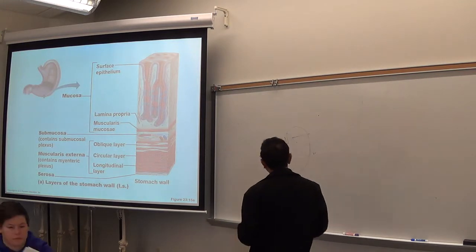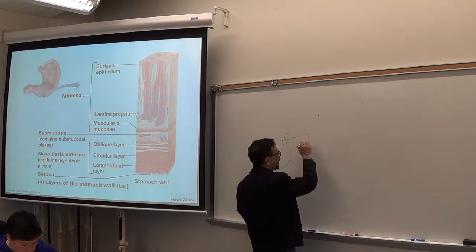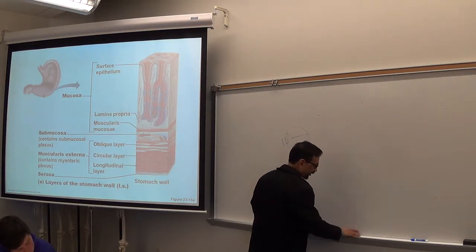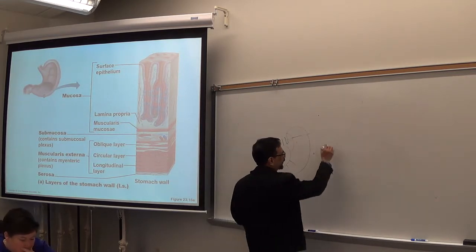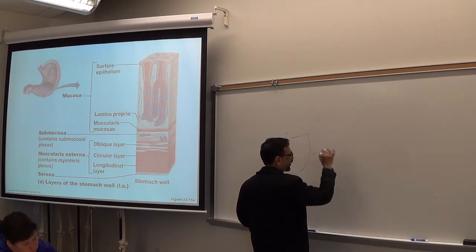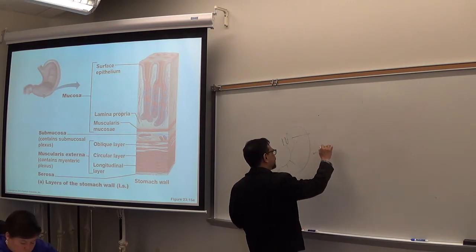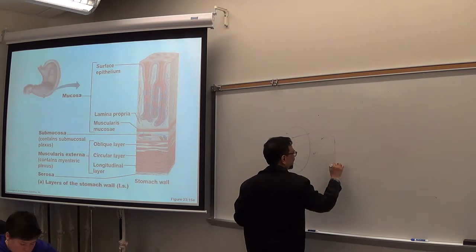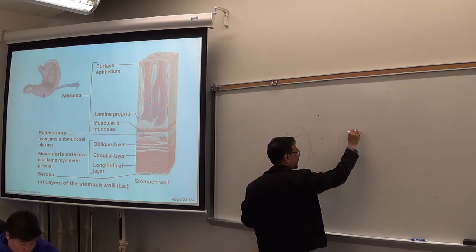Now, if you see the wall of the stomach, you have 4 layers like other parts of your GI tract, and those layers are what? Mucosa, submucosa, muscularis externa, and serosa, right? In the innermost layer, in mucosa, you have structures like this.